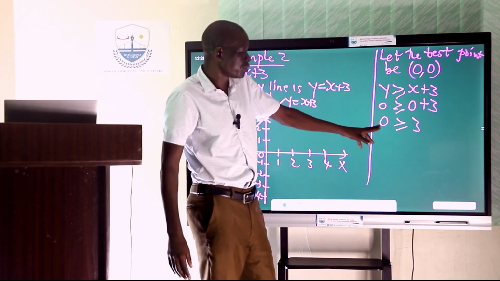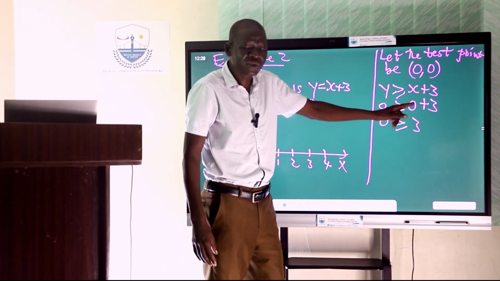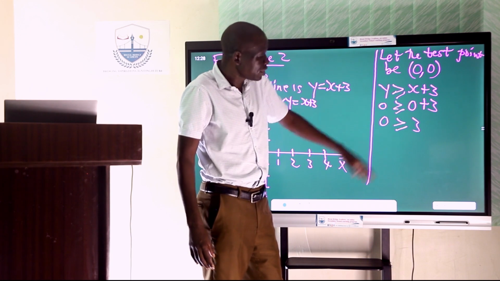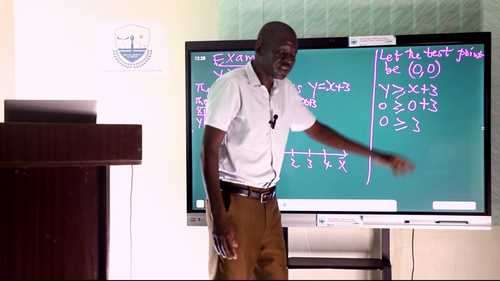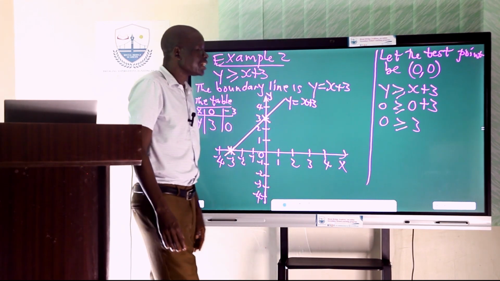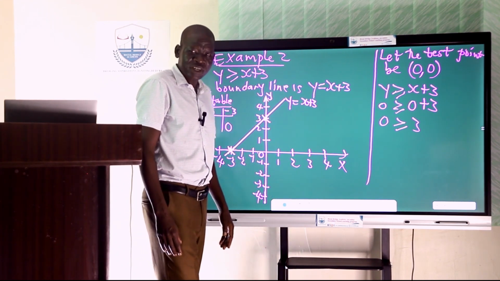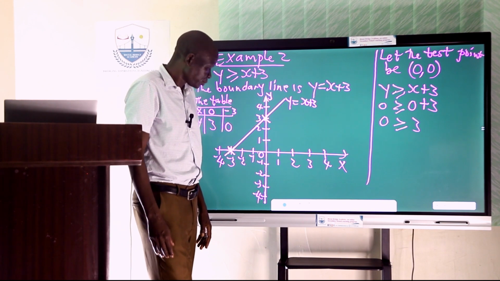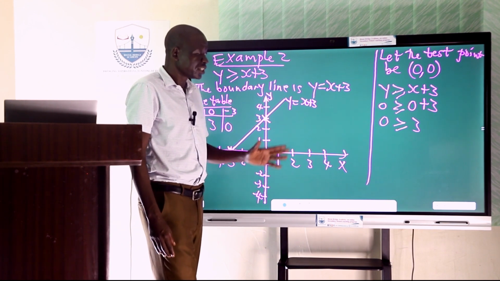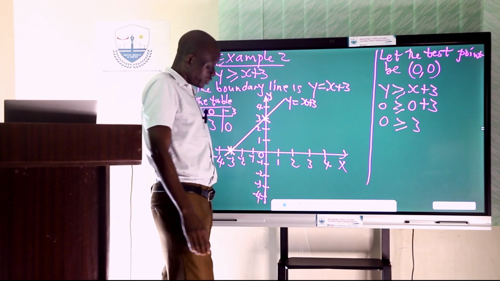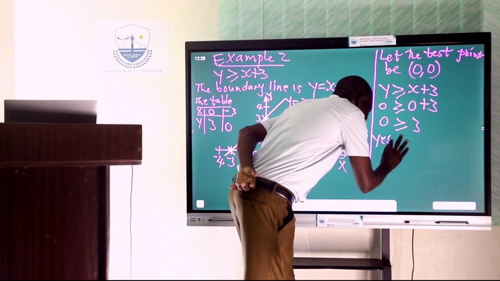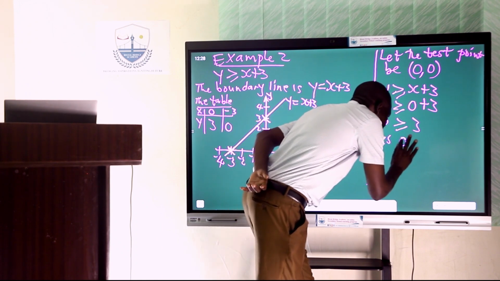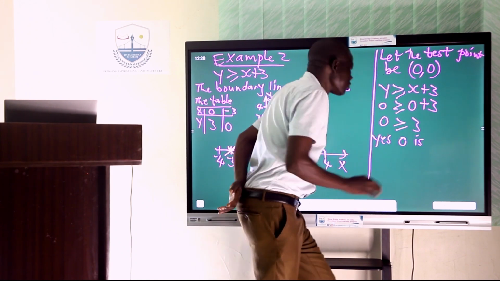Then we ask ourselves, is 0 greater or equal to 3? Yes, 0 is greater than 3. Since 0 is greater than 3, it means that the inequality satisfies the region. The inequality satisfies the what? The region.